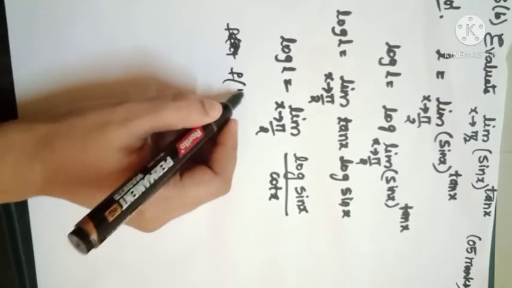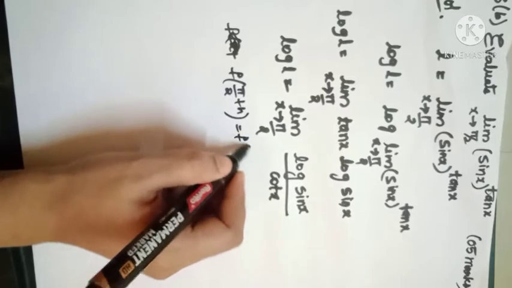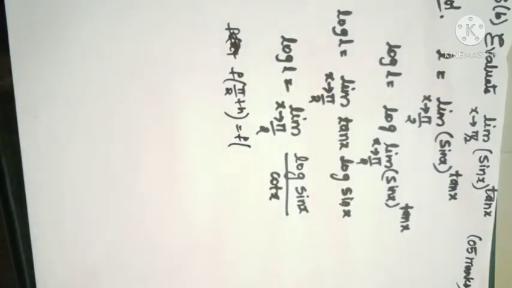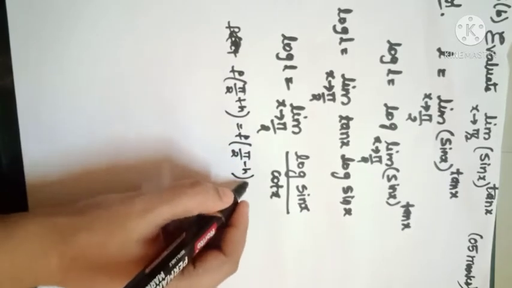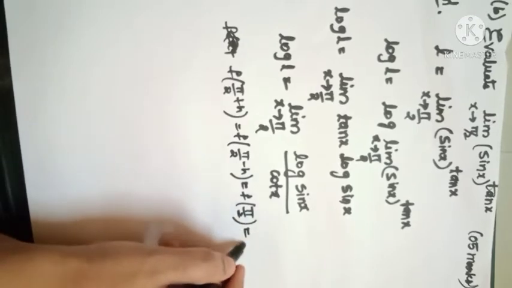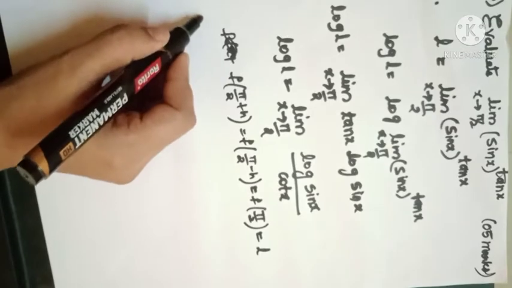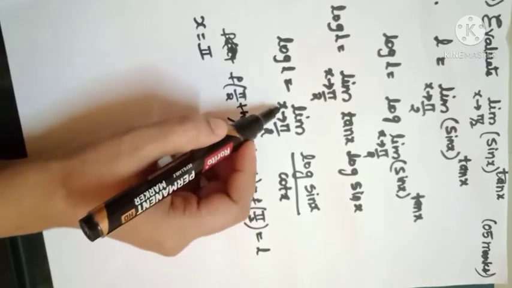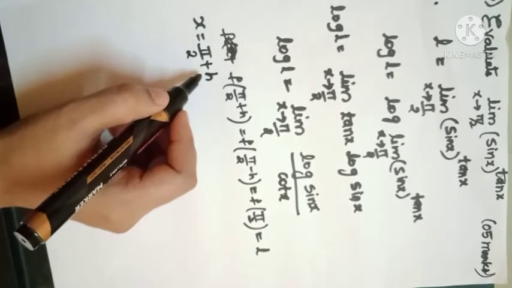f of pi by 2 plus h is the same as f of pi by 2 minus h, which is the same as f of pi by 2, which is equal to the limit. So first I will take x as pi by 2 plus h, where h is a small quantity that tends to 0.